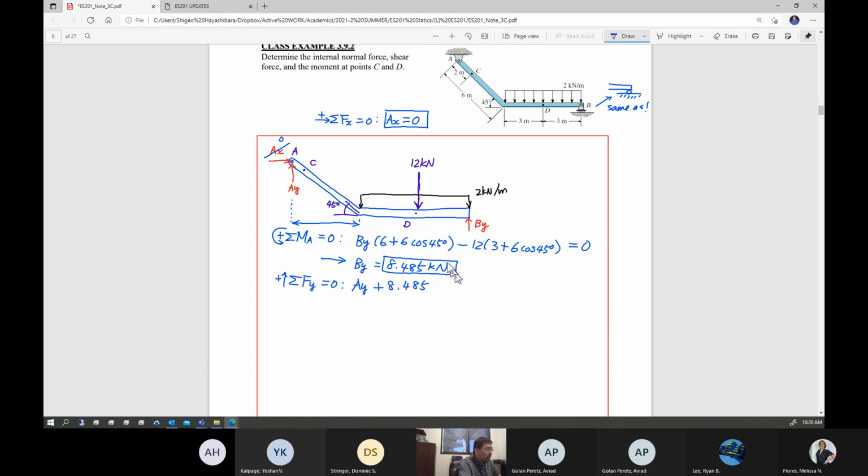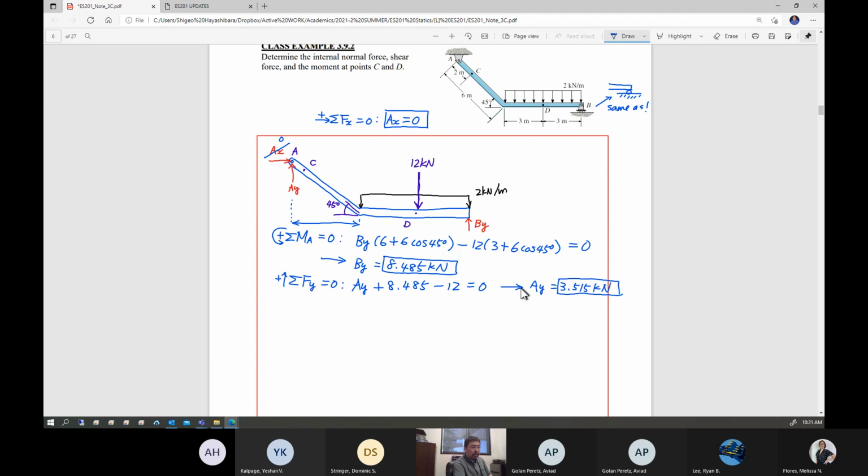That's By. 12 kilonewton negative. Set equal to 0. This is going to provide Ay, which is 3.515 kilonewton, it looks like. So now we got the support reactions.